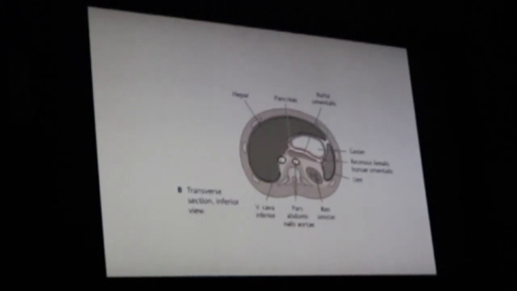Now, what is the significance of this omental bursa? Anybody can tell me? It offers a space for the stomach to enlarge. It provides a space for the stomach to enlarge, yes, a little bit. What else? The accumulation of something.